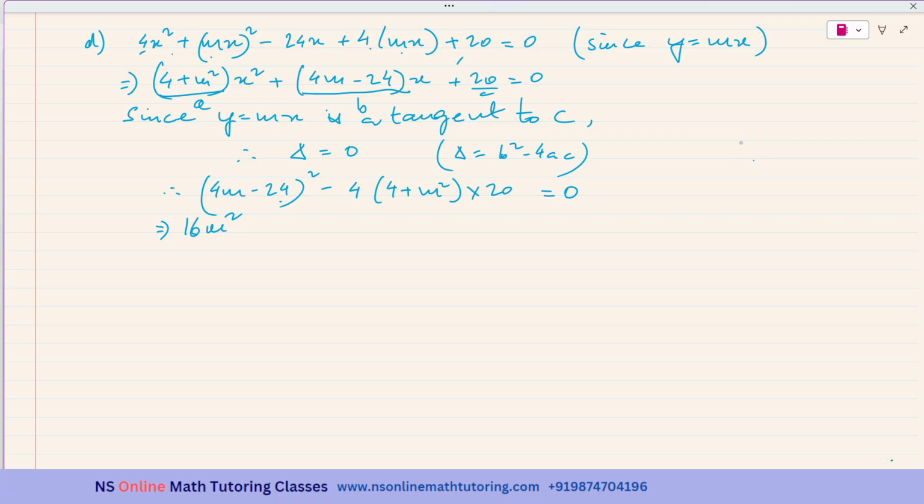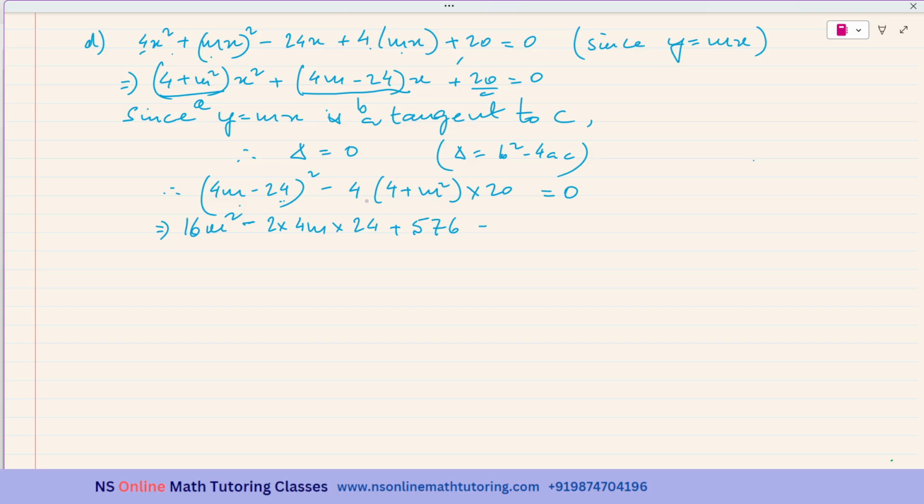Don't write it as a square minus b square or a square plus b square. So 16m square, and minus 2ab, so 2 times 4m times 24, not minus 24, because it is a minus b. A is 4m and b is 24. And plus b square, 24 square, you may use the calculator, it is 576.